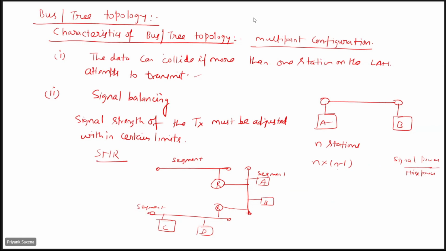Because your signal is traveling on a particular link. As you know, when the signal travels on a link, the signal strength falls off exponentially, right? Because of noise and distortion, the signal strength falls off.